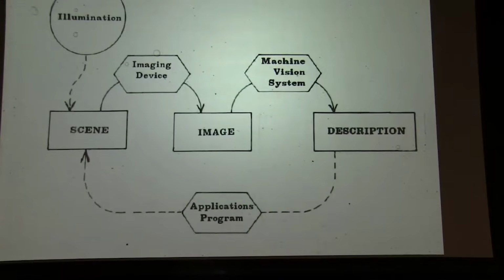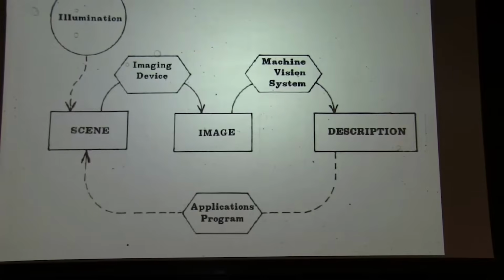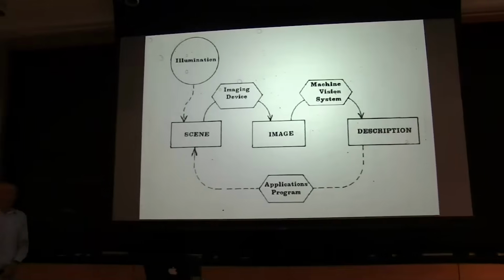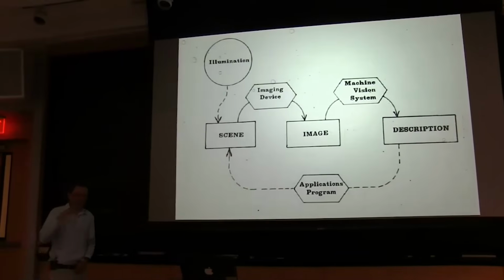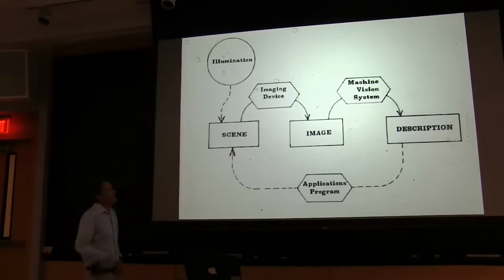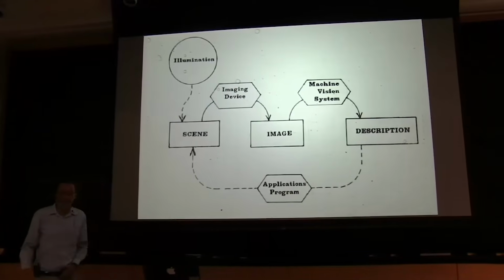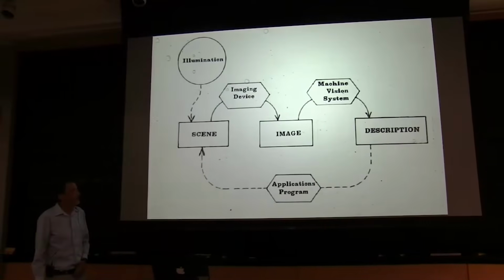So here's an overall picture of machine vision in context. First we have a scene, a world out there, and the illumination of that scene is important. That's why that's shown, although it's shown with dotted marks because we're not putting that much emphasis on it. There's an imaging device, typically with a lens or mirrors or something, and we get an image.